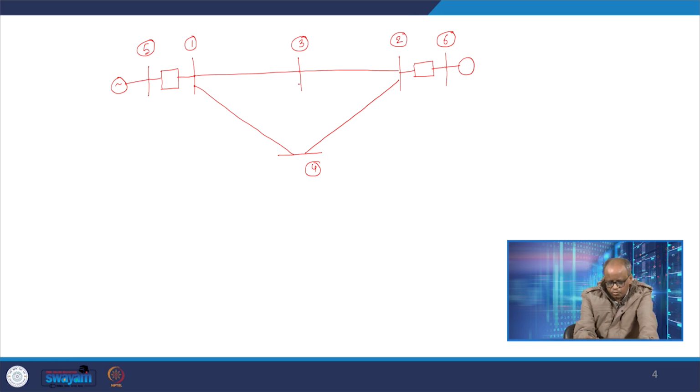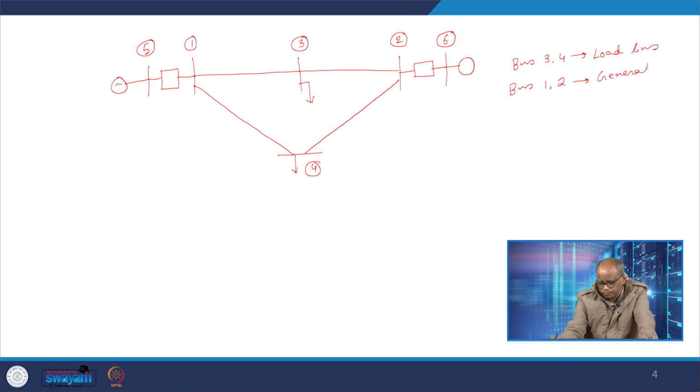Bus 3 and bus 4 are the load buses. Bus 1 and 2 are the generator terminal buses, and bus 5 and 6 are the generator internal buses.